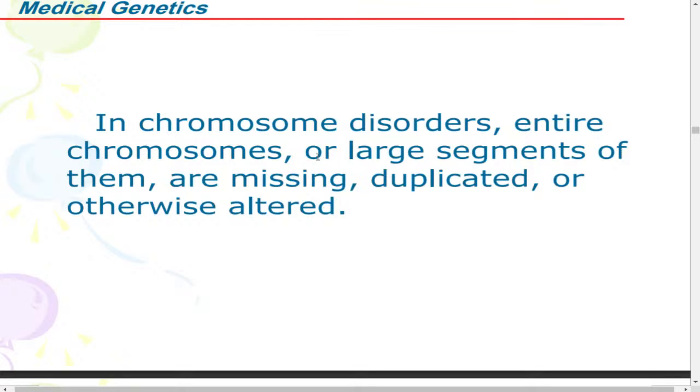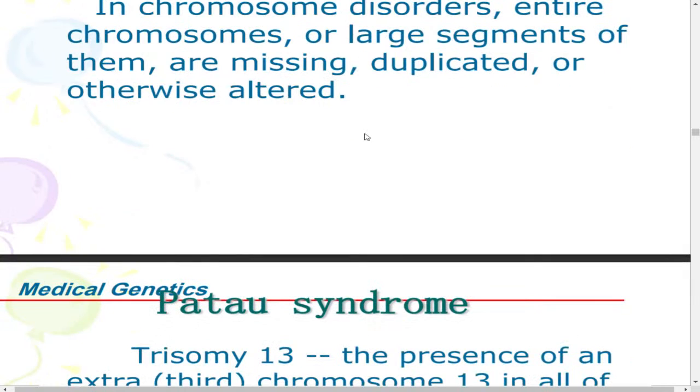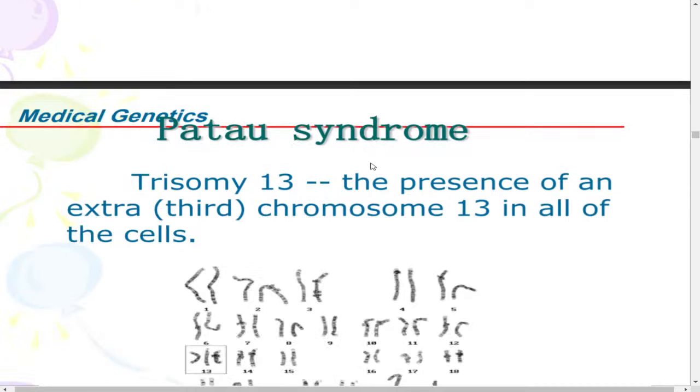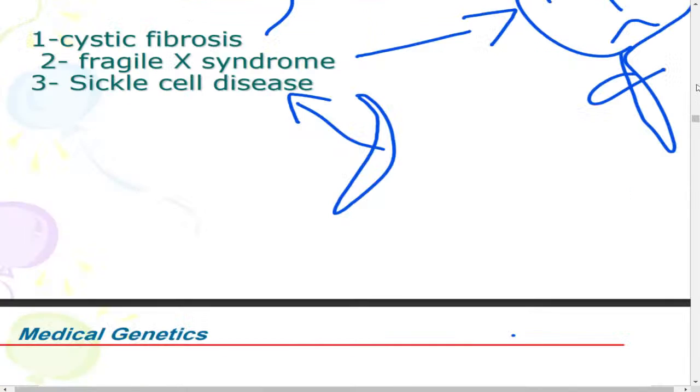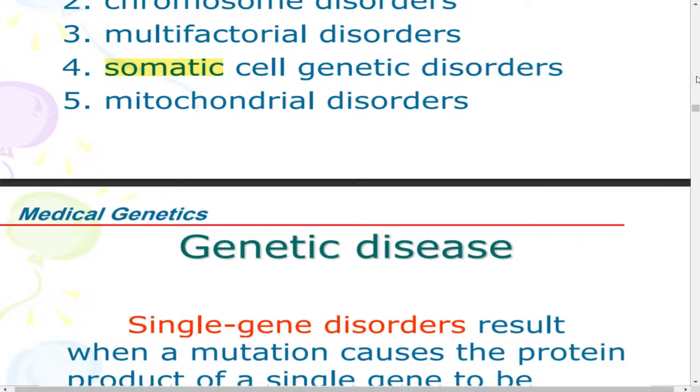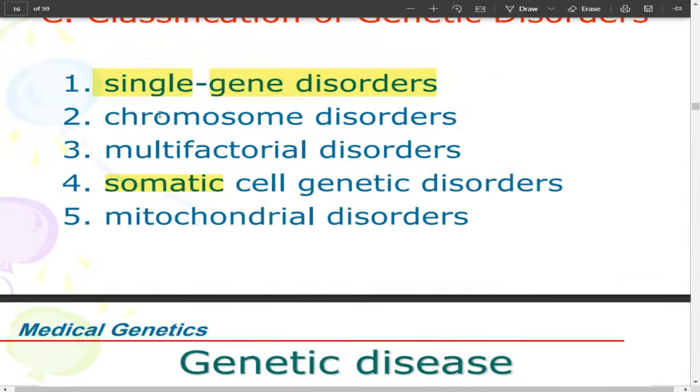Next we have chromosome disorders, in which entire chromosomes or large segments of them are missing, duplicated, or otherwise altered. This is one classification that we already discussed, which was not a single gene disorder, it was a chromosome disorder.